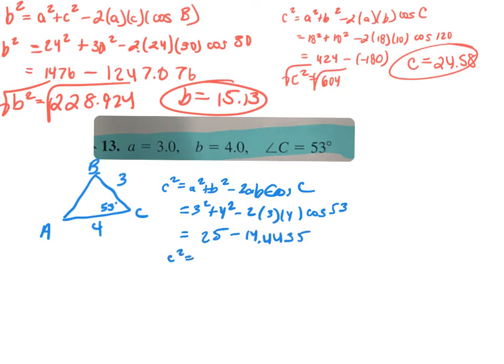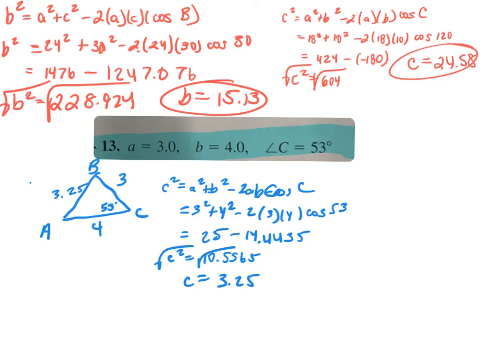So C squared is going to be 25 minus 14.4435, about 10.5565. And then to get C, I'm going to take the square root of both sides. So C is about 3.25.